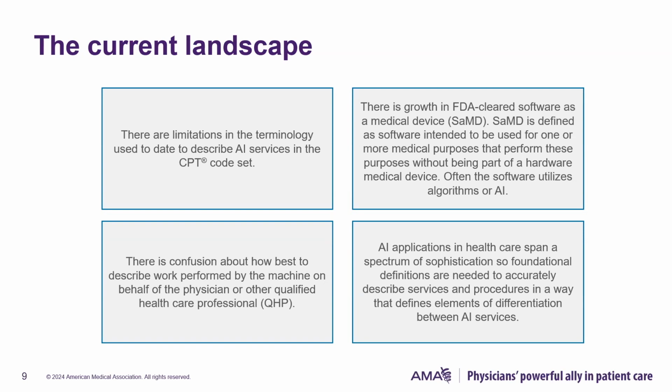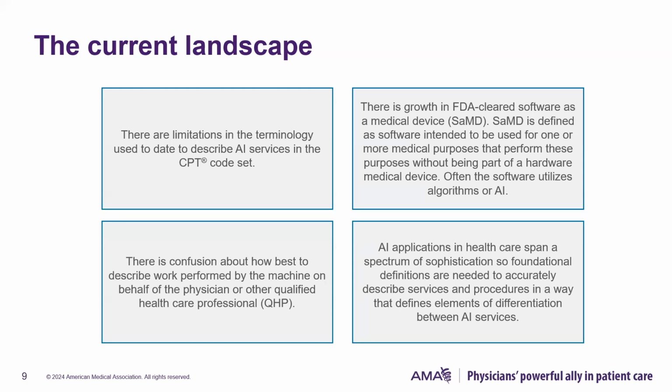So the work group determined that the term automated did not really appropriately capture the work done by machines in AI-related services, and that was for 2 main reasons. The term automated connotes a workflow efficiency obtained by utilizing a machine. Moreover, if a task or analysis is conducted automatically, then there hasn't been clinical judgment applied to the procedure or service for that patient, and therefore the clinical necessity may be unclear.